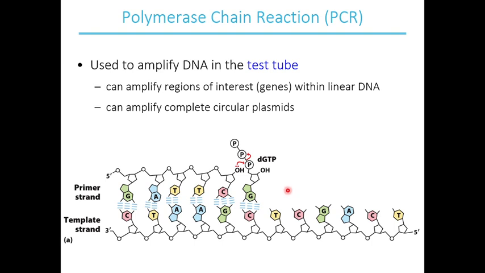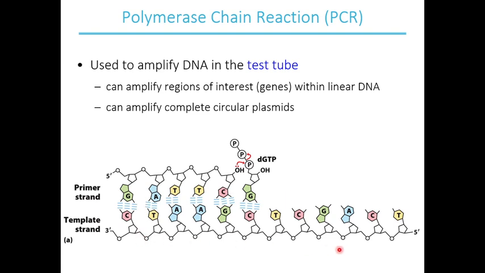DNA polymerases synthesize DNA strands from deoxyribonucleotides, for example dGTP. DNA polymerases use a DNA template. Shown here is a template strand, and it's a single strand. DNA polymerases do not synthesize DNA de novo, but instead use pre-existing strands referred to as primers.